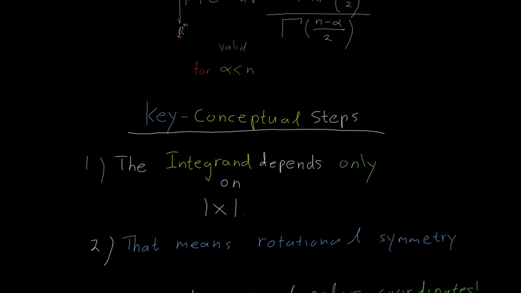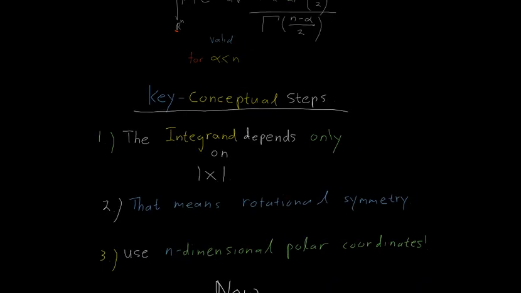Key conceptual steps I want to talk about with this integral. As opposed to just doing the algebra, I think we're just going to look at this conceptually, because the concepts are more important than doing the problems. If you understand the concepts, then everything else flows easily.